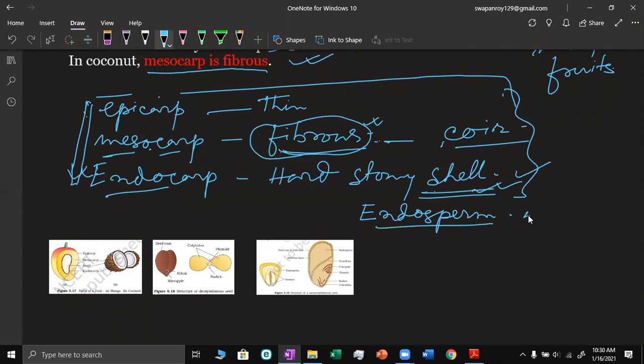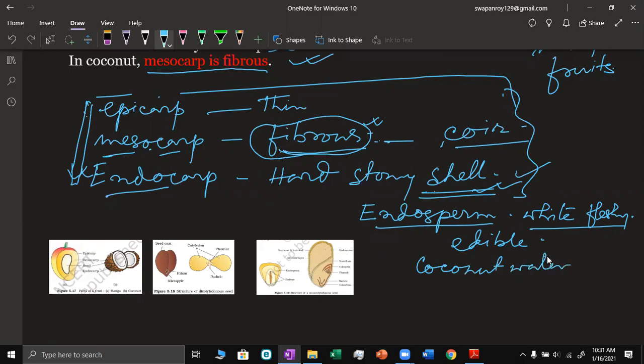That is edible. And also the coconut water is also endosperm. So in coconut, the endosperm is the edible portion.